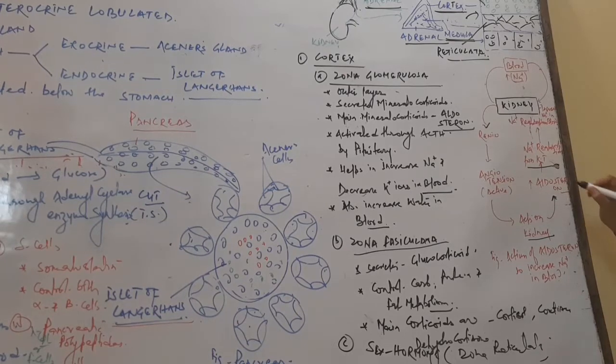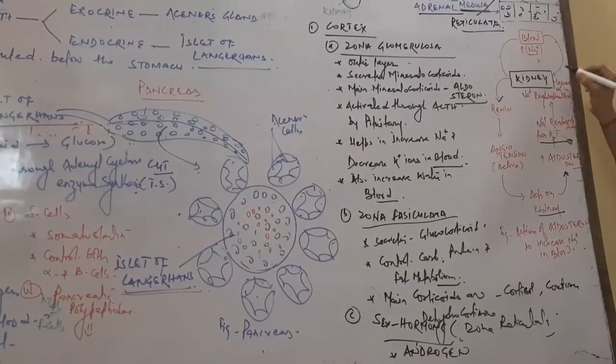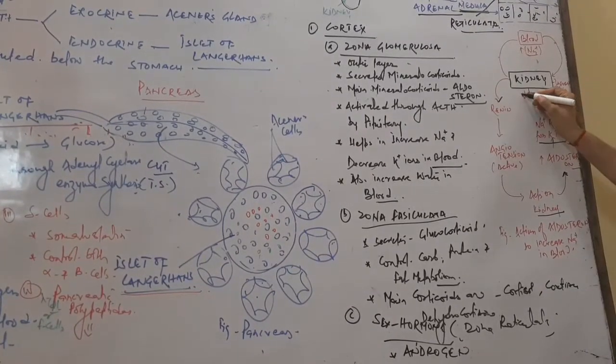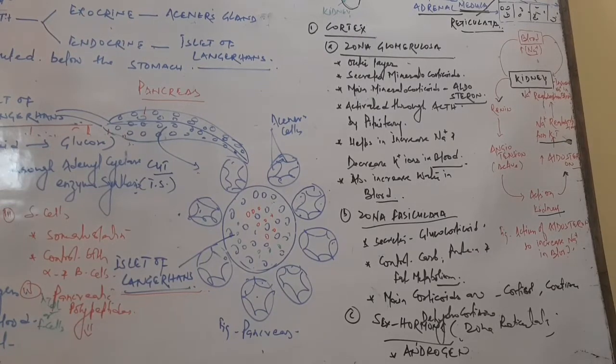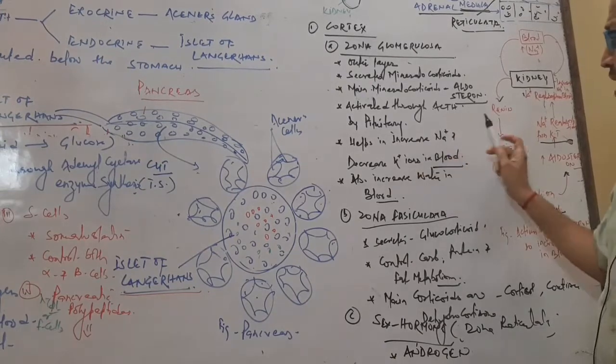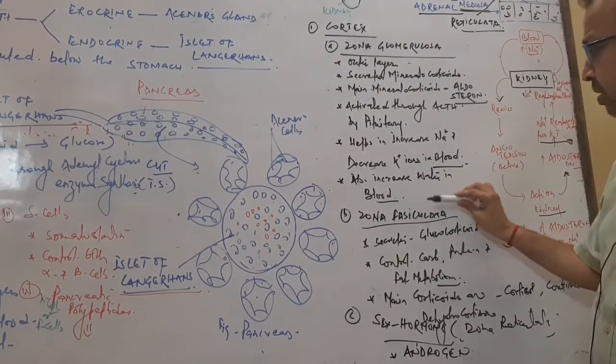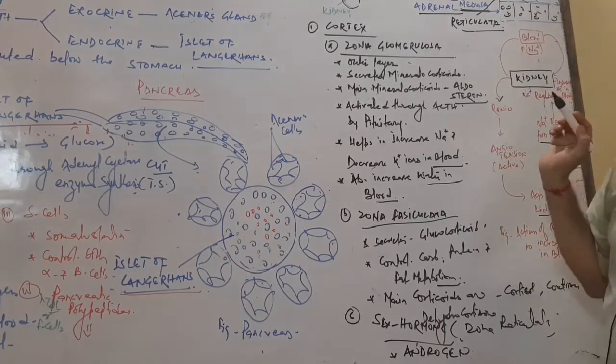Aldosterone is secreted from the adrenal cortex. It increases sodium reabsorption and decreases potassium concentration, so it increases sodium ions, decreases potassium ions, and also increases water in the blood.